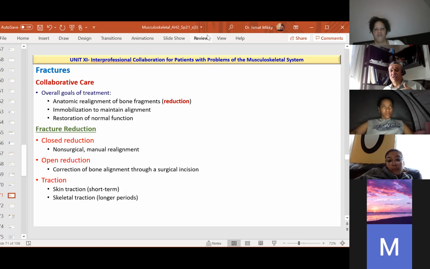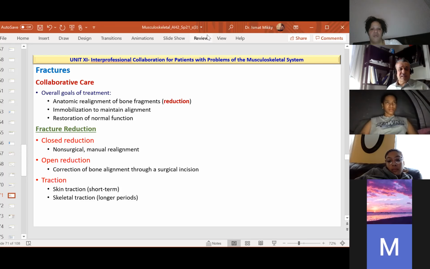They make a surgical incision, fix the fibrosis, push the head of the femur into the acetabulum, and then apply the hip spica or the cast. That's called open reduction.